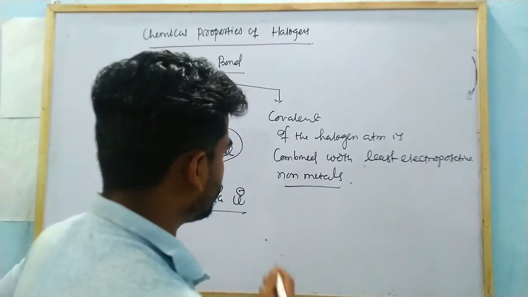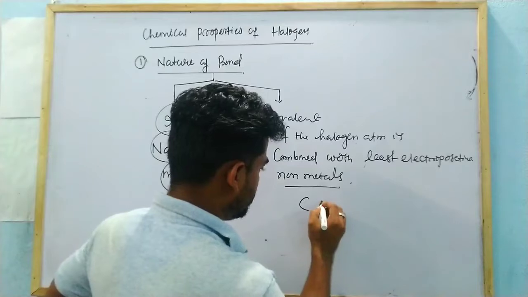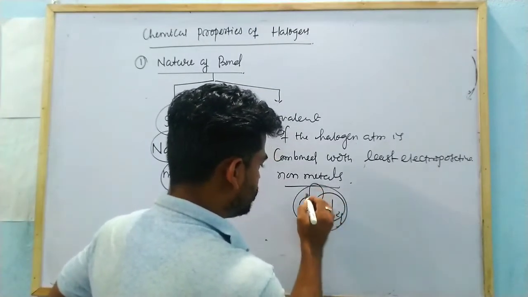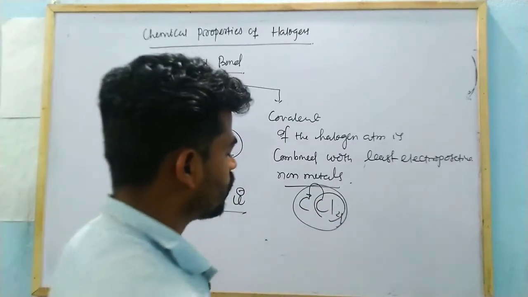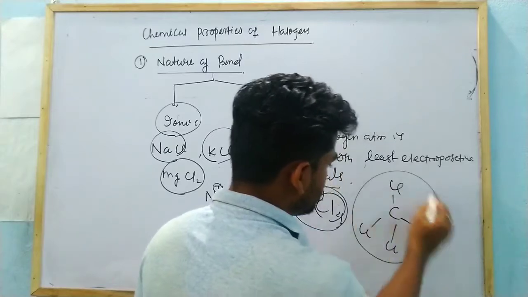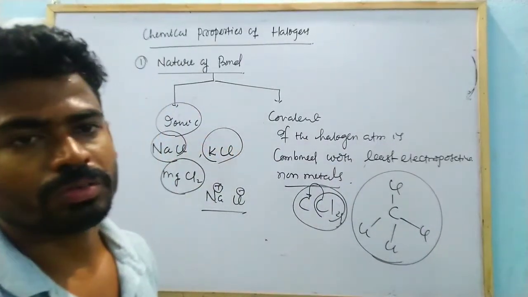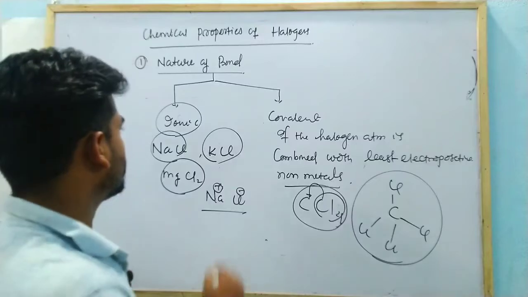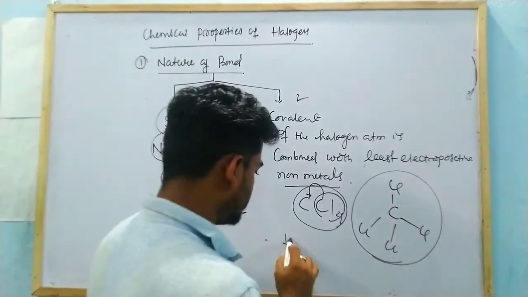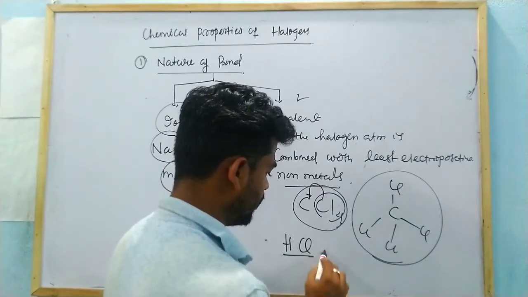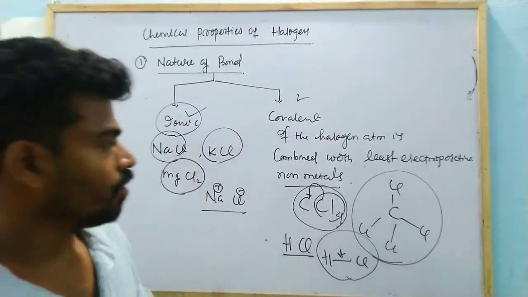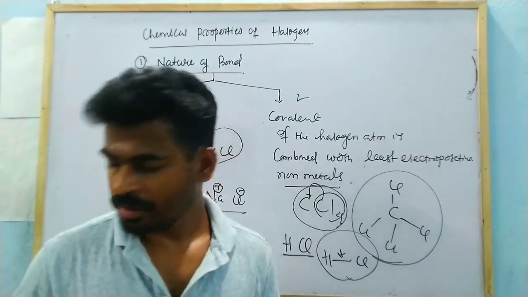If I consider one example, CCl4, here chlorine is combined with carbon, so this compound is covalent. So the nature of bond can be ionic or covalent. Or suppose HCl, hydrogen chloride, this is also a covalent compound. Clear?